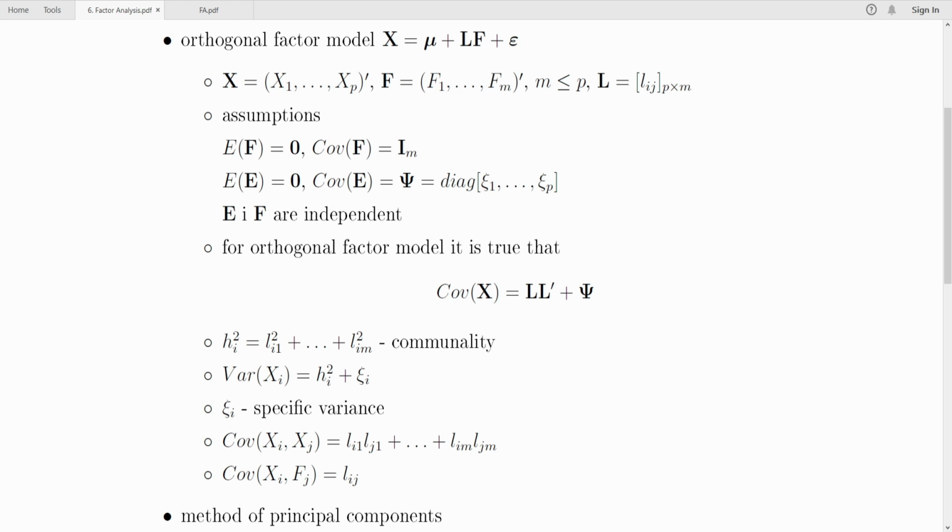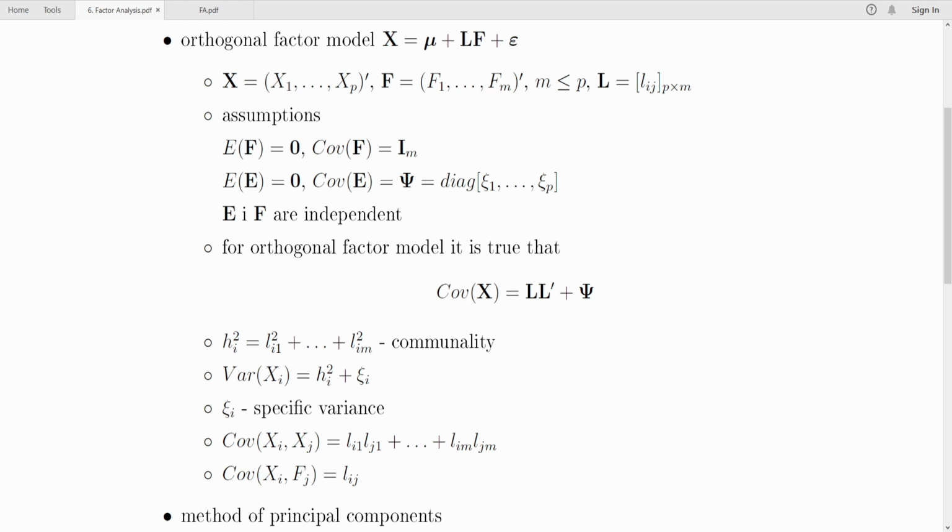PCA tries to explain the variance structure of the data, but factor analysis is concerned with explaining more than just the variance. So it takes the covariance structure of data as well. In that way, you can consider factor analysis as some kind of extension of PCA.